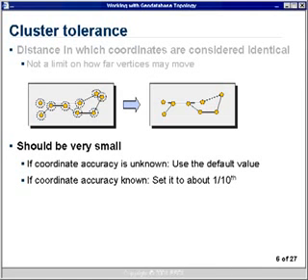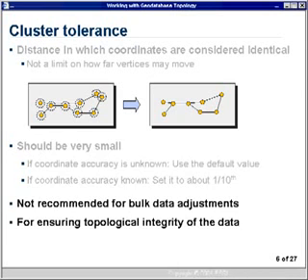If you do know your coordinate accuracy, I would suggest setting the cluster tolerance to about 1/10 of the coordinate accuracy. This means if your coordinate accuracy is 1/10 of a meter, you should set your cluster tolerance to 1/100th of a meter, which would be 1/10 of the coordinate accuracy.